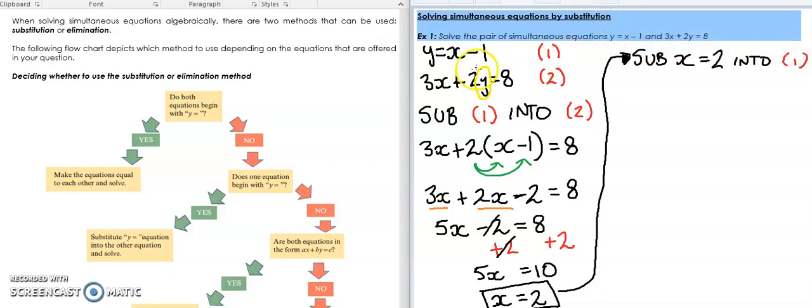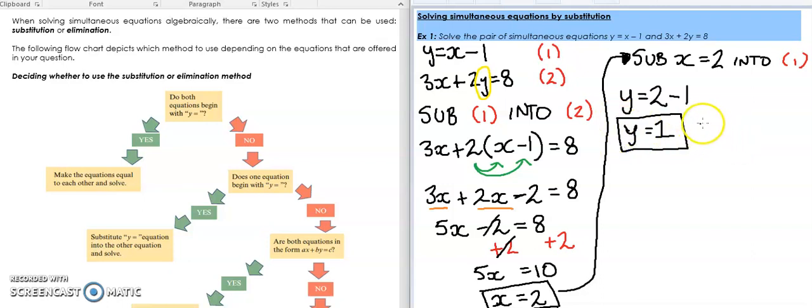It will make sense. Equation 1, y is equal to, anywhere I see an x, I'm going to replace it with what I just solved, 2. I'm going to substitute x equals 2 into there. So my y value is going to be 2 minus 1. 2 minus 1 is 1. So my y value is 1.